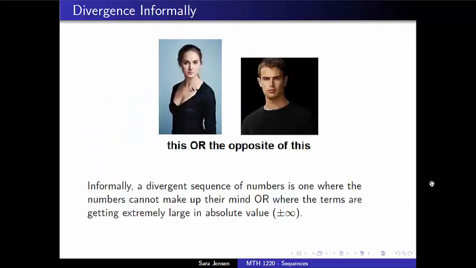I'd also like to take a moment to talk about divergent sequences informally. Divergent sequences are somewhat difficult to define because we define them as a negative thing. They are the not convergent sequences. And so it's much more difficult to give a description of all the different ways that something can diverge as opposed to all the different ways that something can converge.